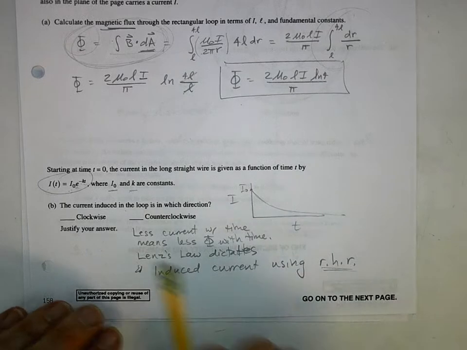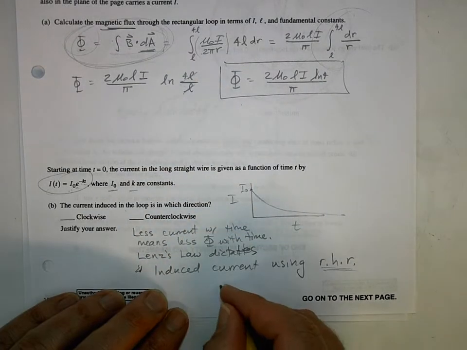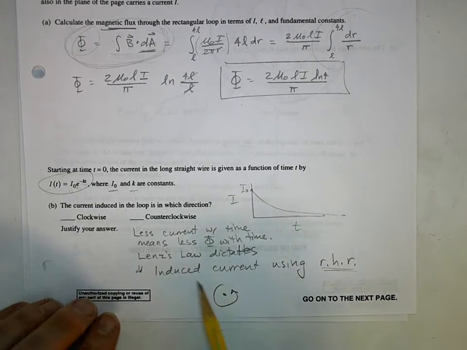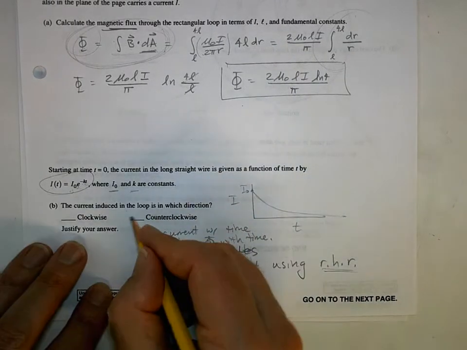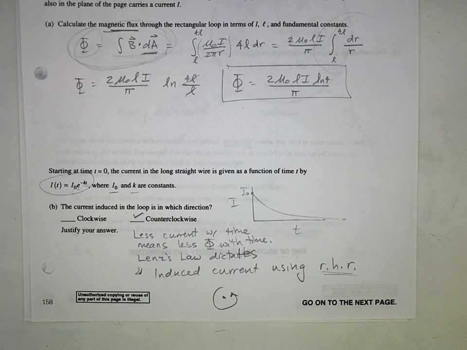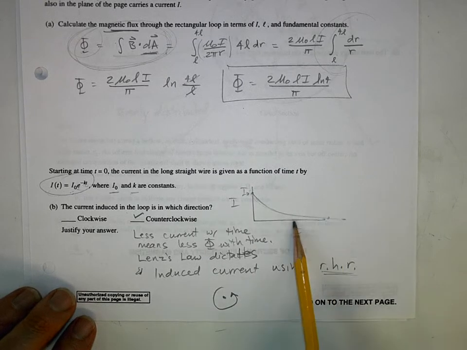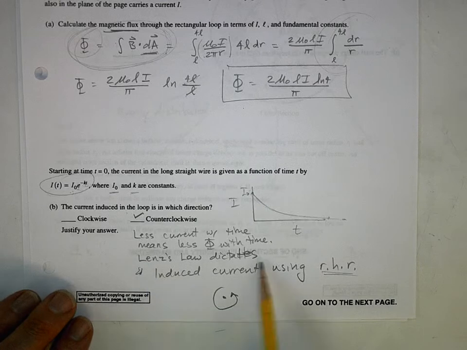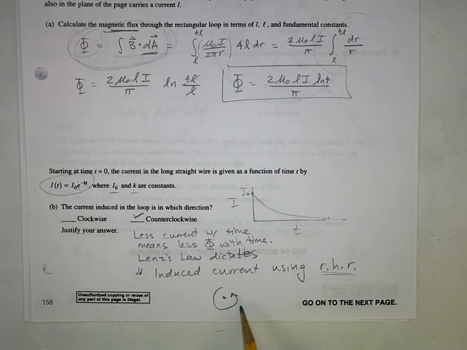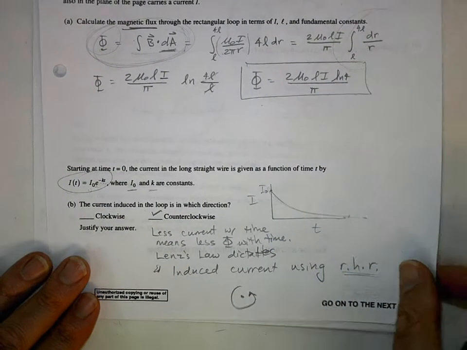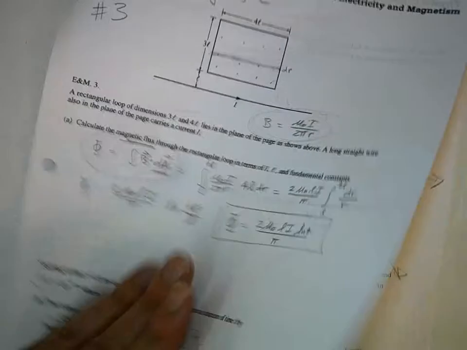The graders will know what you mean. That flux needs to come up, so you need to keep the flux up, which means that it's going to be counterclockwise. And so I think that includes, you've justified why the flux is becoming less and less, because less current means less flux. Lenz's law, you're trying to induce a current to keep the flux the way it was. So that's the way I would write it if I was in a hurry, and I am. And I think that should get you full credit.